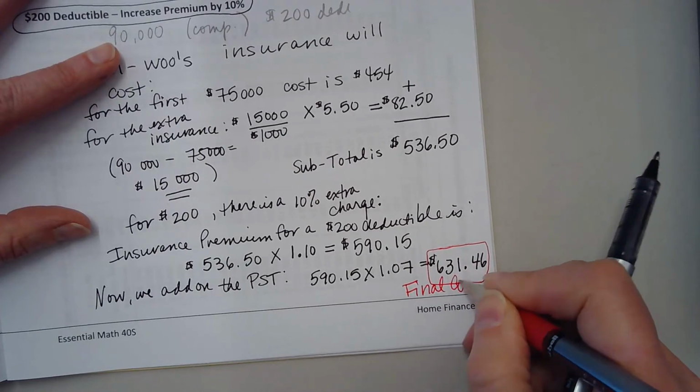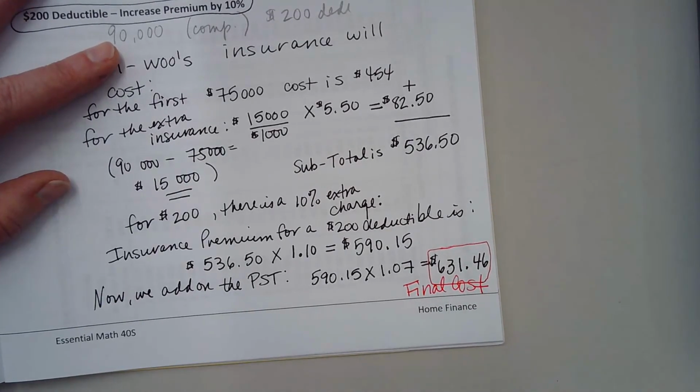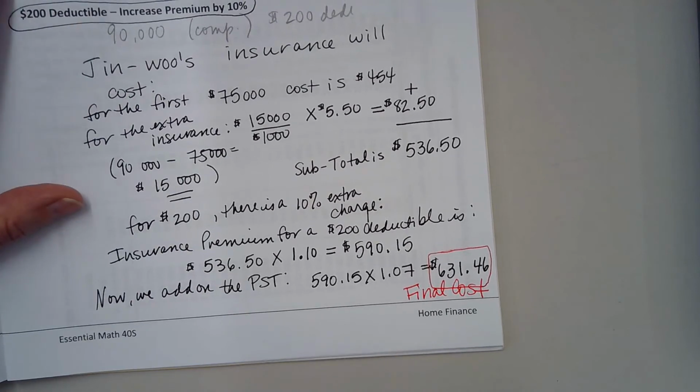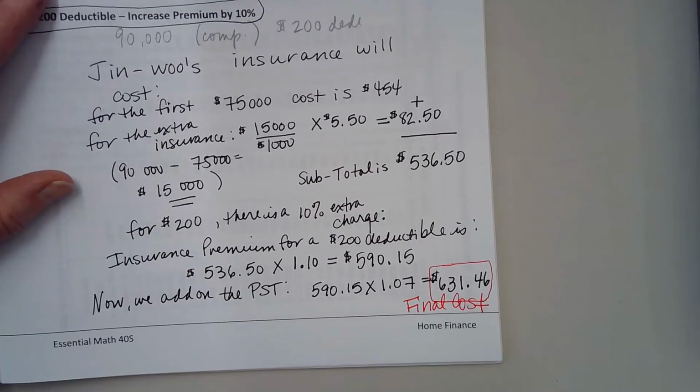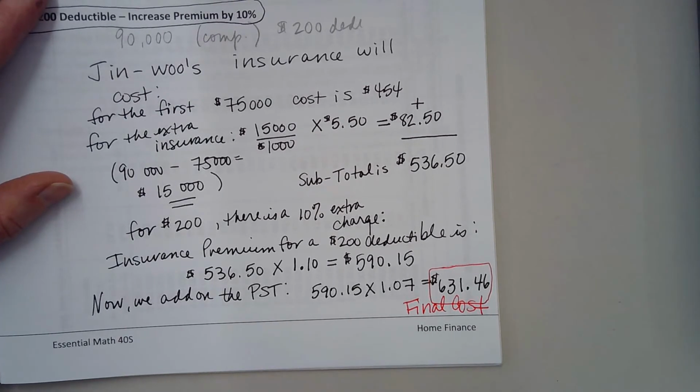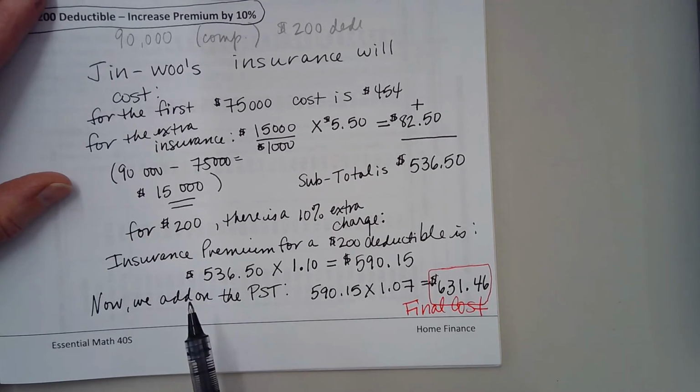Because the government wants that 7% on that 200 deductible as well. When you get your bill from the insurance company, they have everything separated out, right? And they say, what's your PST, all the costs. Like when you look at your bills from a grocery store, right at the very bottom, they'll have the PST and the GST separated out.